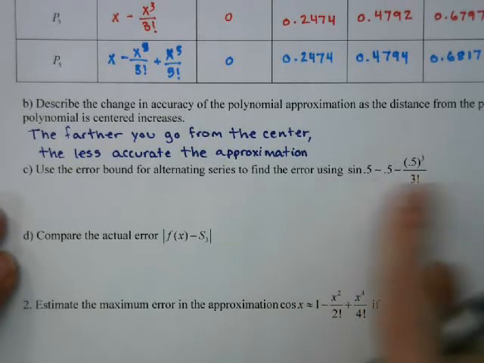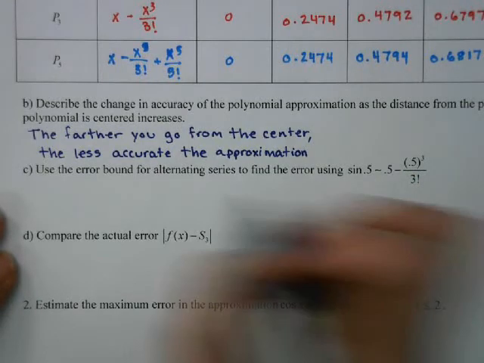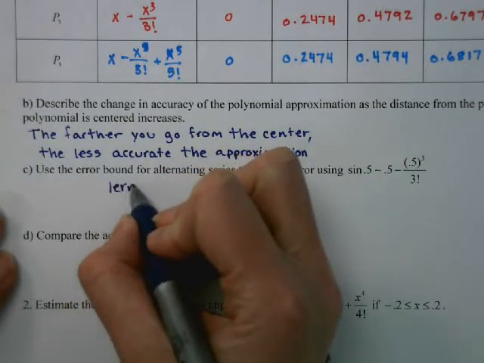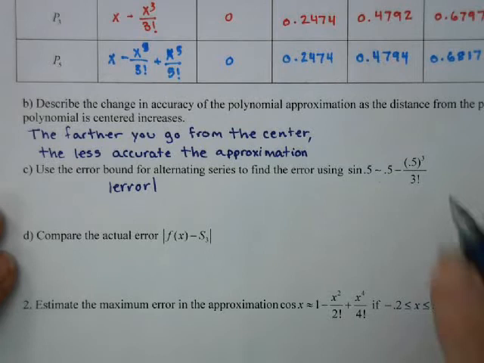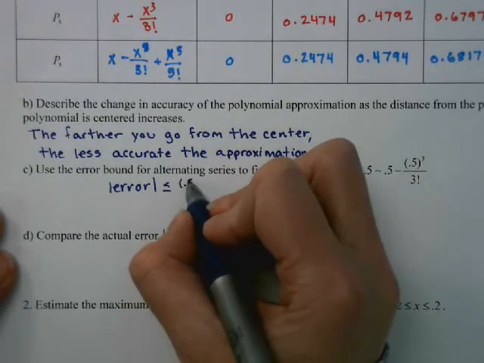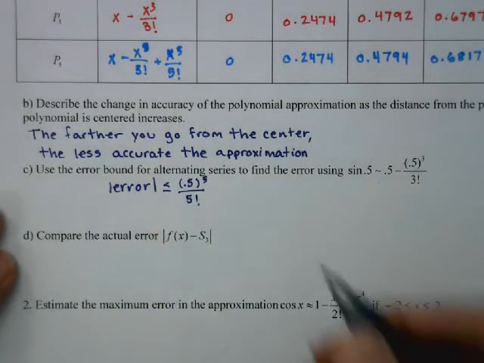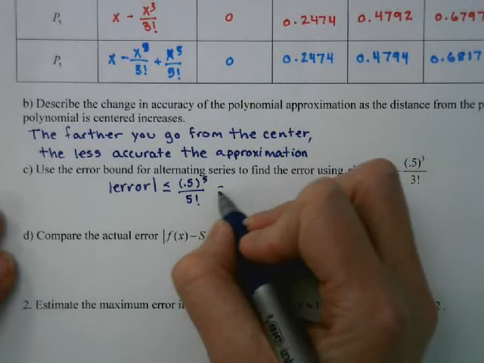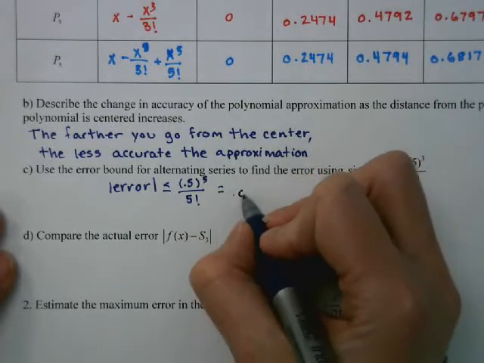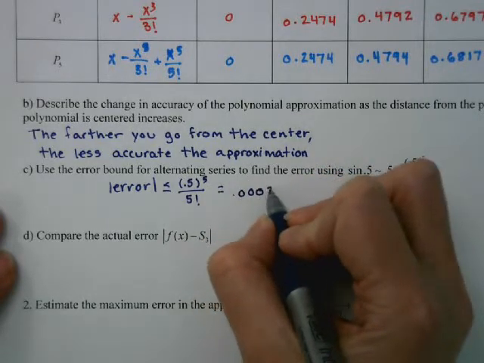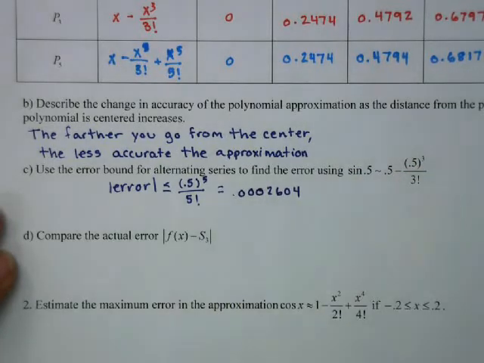So the error is always going to be less than the next term in this sequence, which in this case is going to be 0.5 to the 5th over 5 factorial, which if we plug that into the calculator is going to be 0.0002604.